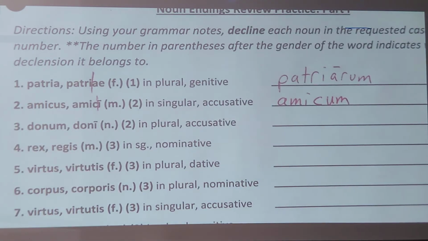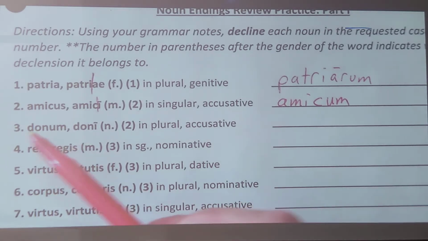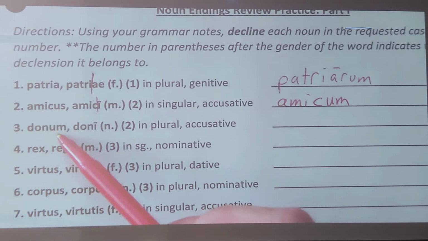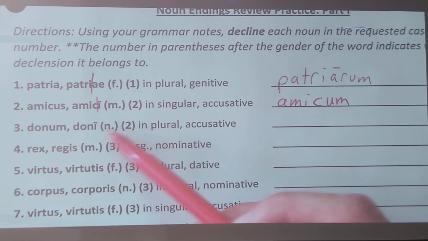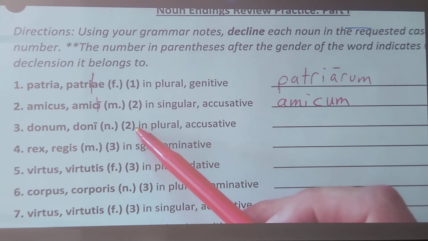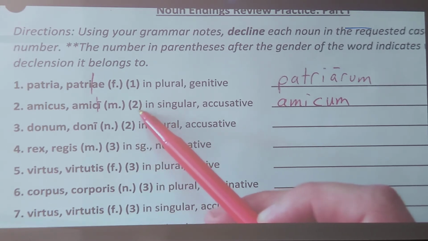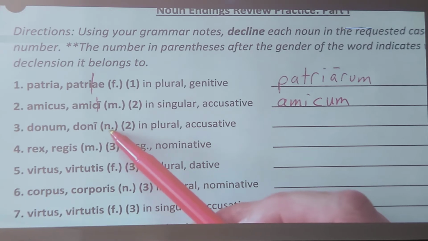Okay, we'll do a few more, and then we'll again pause for the answer key, and then we'll go on to the back. So looking at number 3, we have the noun donum, doni, which is a neuter noun of the second declension. Mostly the same endings as the last one, but there are a few that are different because it's neuter.